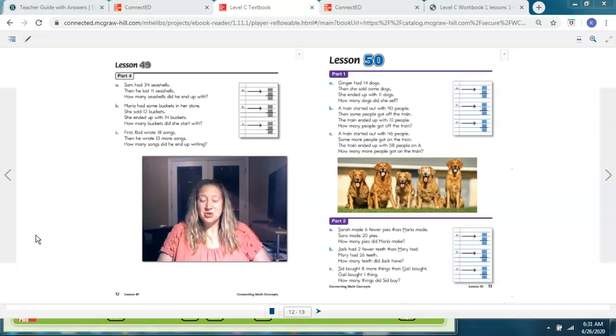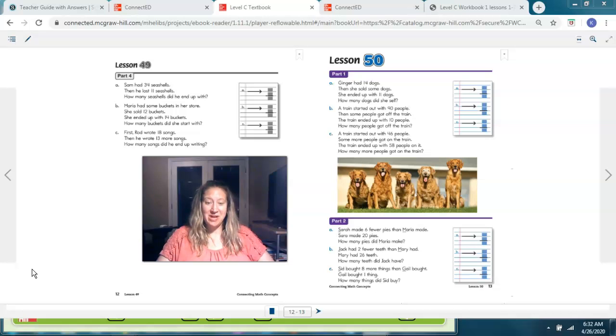Now go back in the story, reread the first sentence, and it says Ginger had 14 dogs, right? So if she had 14 dogs, is that the start number or the end number? That's the start number.